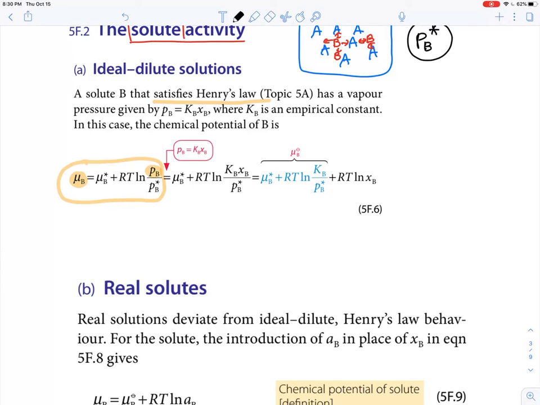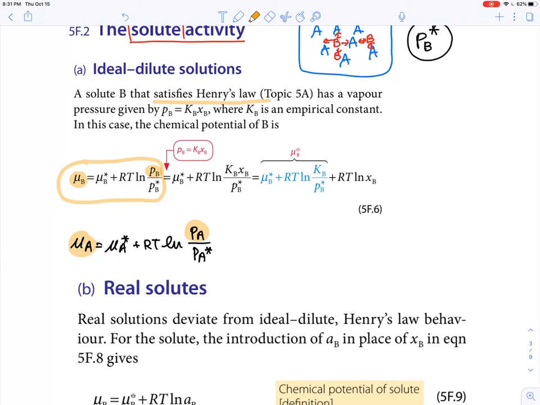So once again, remember that whether it's an A or a B, this is essentially the defined activity: the vapor pressure in the mixed state compared to the pure state. That's their activity in the mixed state.